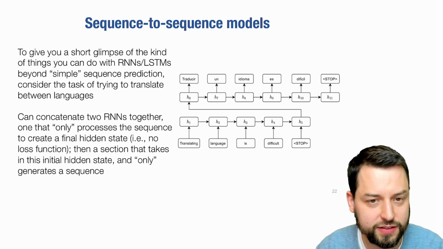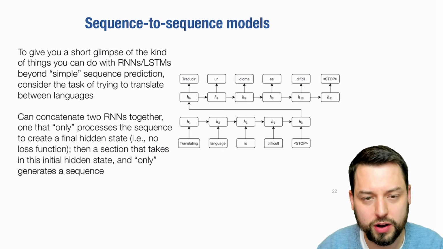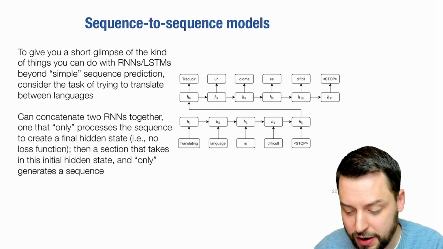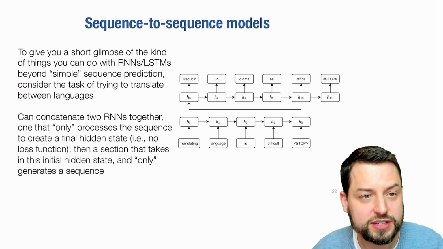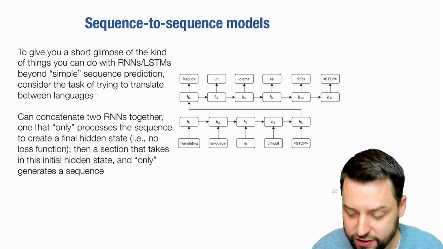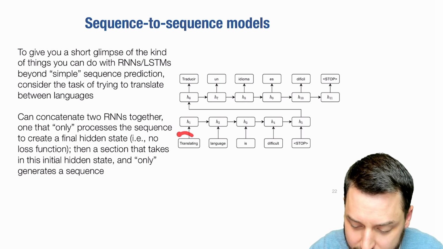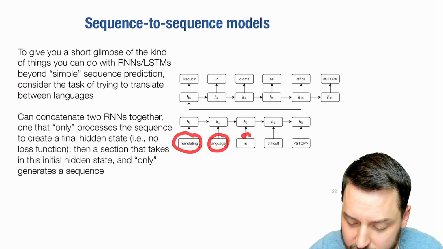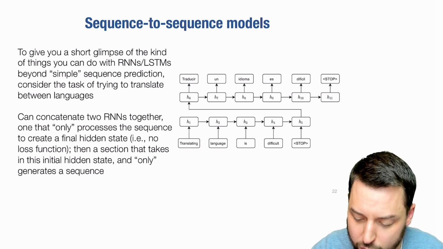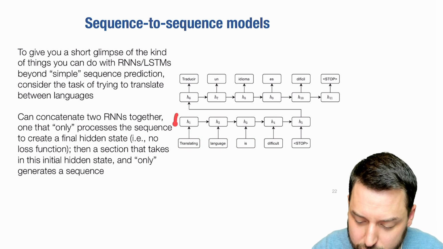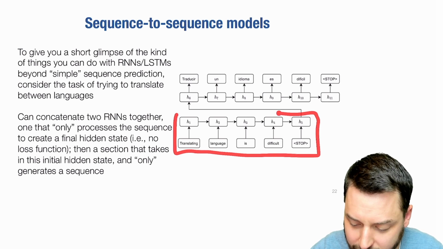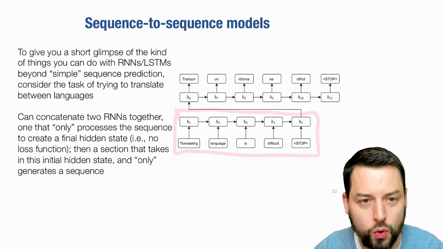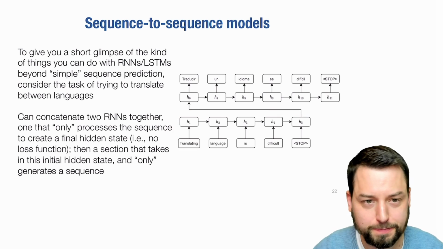One very famous example comes from what are called sequence-to-sequence models. The idea is that instead of having one RNN that just predicts a mapping from inputs to outputs, we use one RNN to parse the whole sequence.